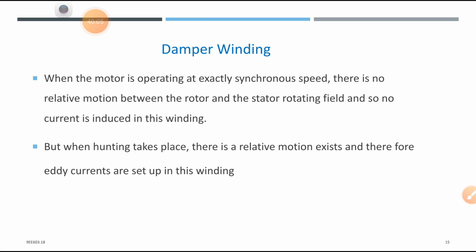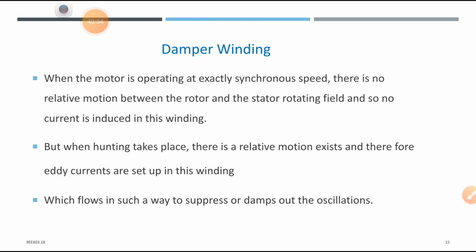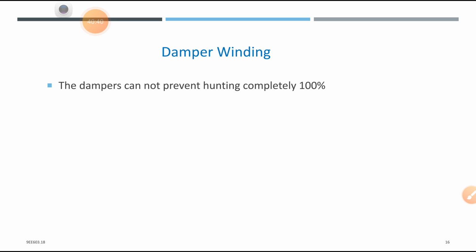But when hunting takes place, when the rotor overshoots and undershoots instantly, a relative motion exists, and therefore eddy currents are set up in the winding. These currents are opposite in nature to the cause of their production, as per Lenz's law. What is the cause? Vibrations. That vibration can be nullified by the eddy currents, which flow in such a way as to suppress or damp out the oscillations.